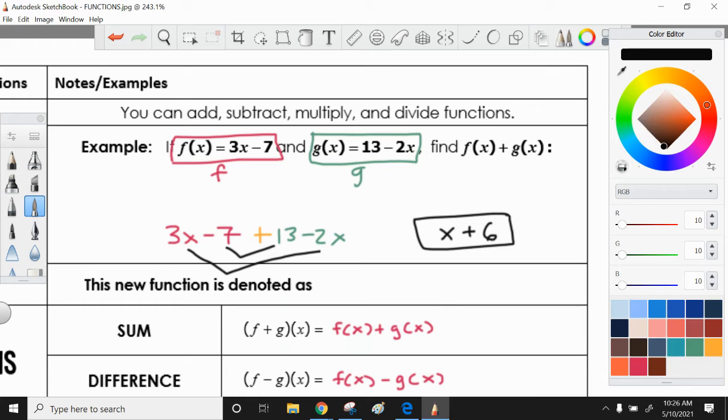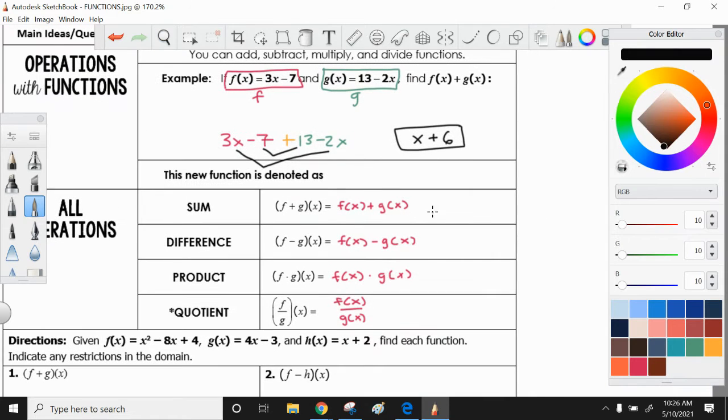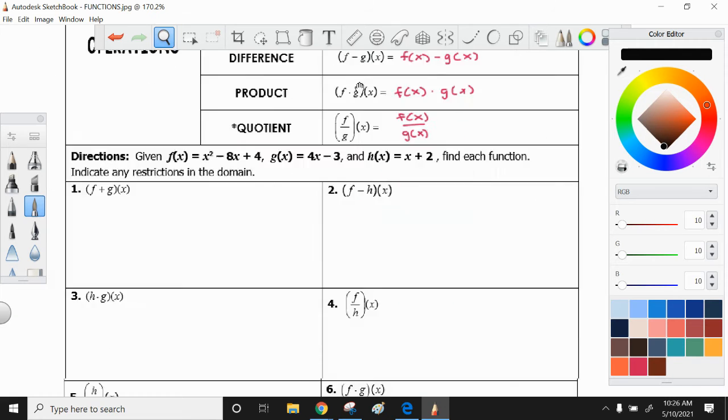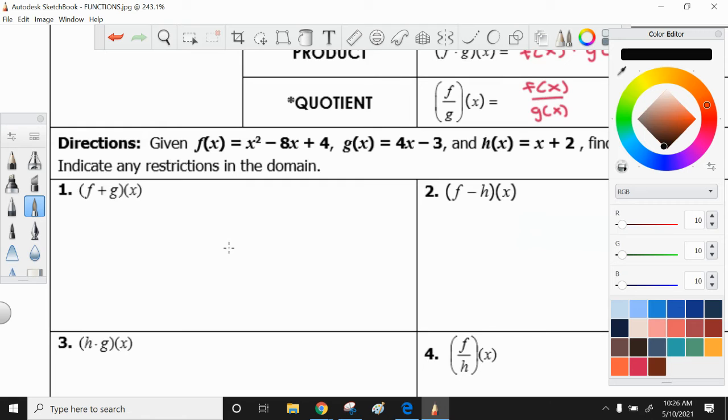It is literally just the addition of two different functions that we've had at the same time. So for the most part, what we're going to be doing is adding two functions, or maybe subtracting them, or multiplying them, or dividing them. That is the whole story. Now, one thing that's really important here: you guys are very smart students, and you will not mess up the addition part.